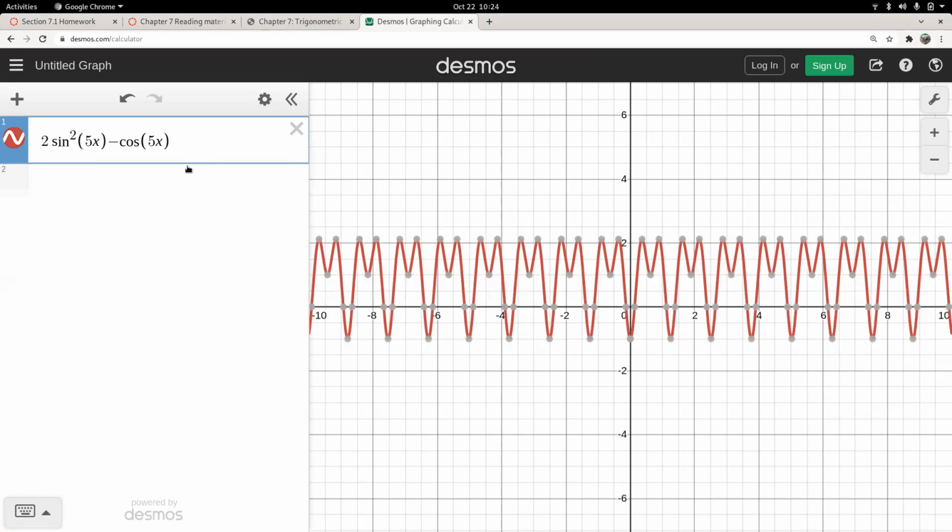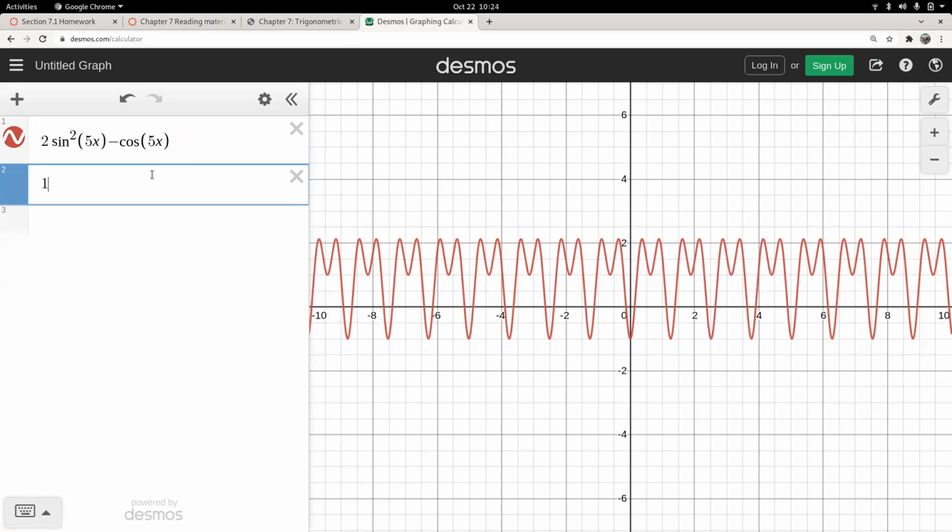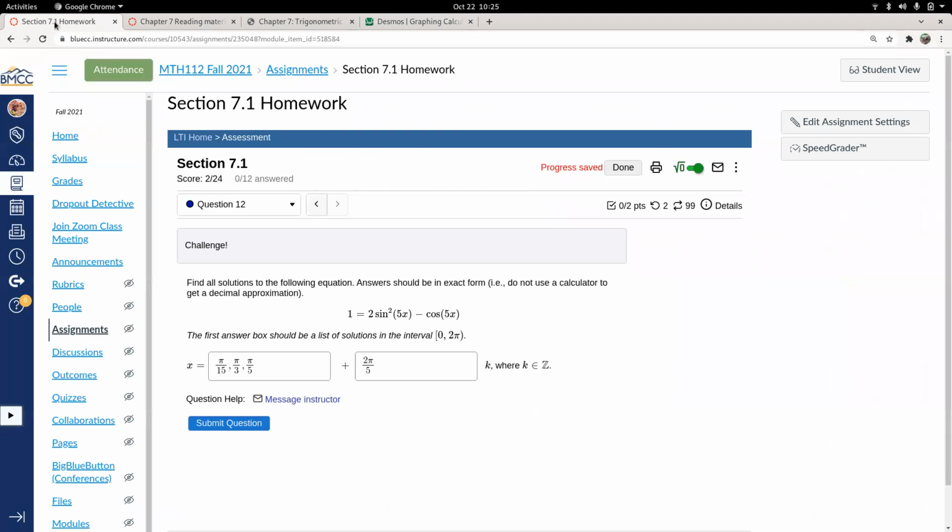And we want to know, when is that equal to 1? Y equals 1. Okay. Oh, interesting.